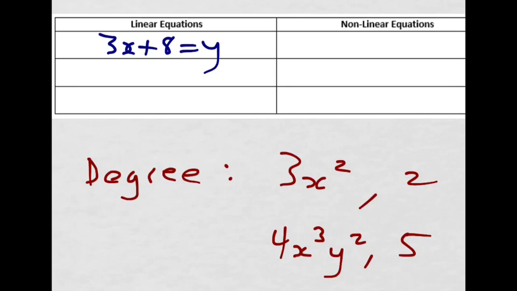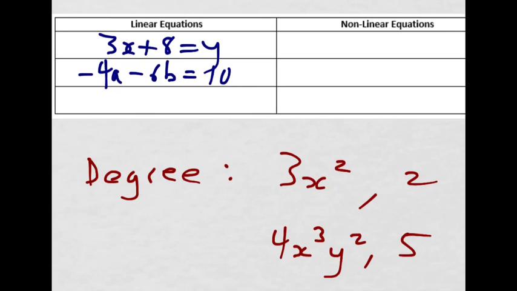Another example of a linear relation could be something like negative 4a minus 6b equals 10. I've got a degree of, what is this one? 1, degree of 1, and degree of 0. So the maximum degree is 1.